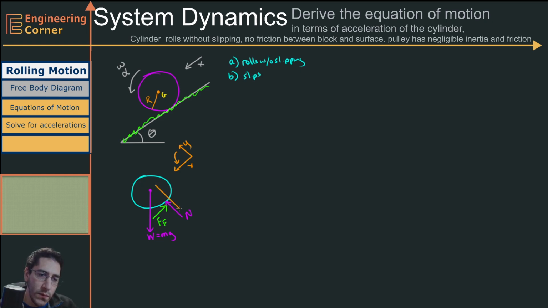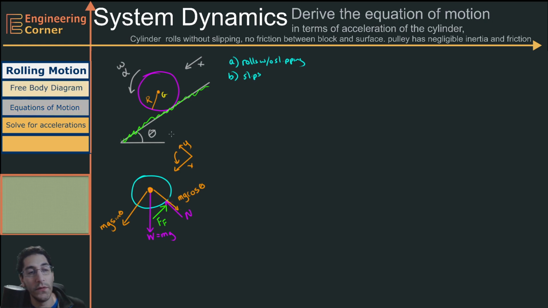The two components are: going down, I'm going to have mg times the cosine of theta, and this way is going to be mg times the sine of theta. And again, all of these forces except the frictional force actually go through this main point right here. So I should probably draw this a little bit better. But we know they all go through that point. So now I have my free body diagram.